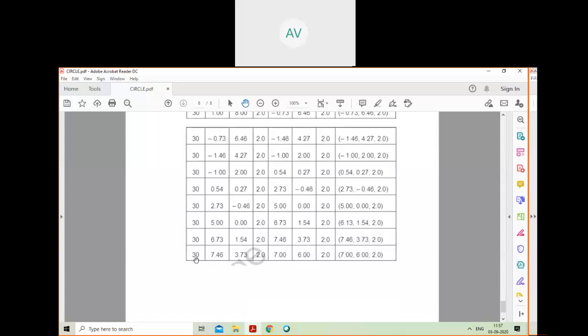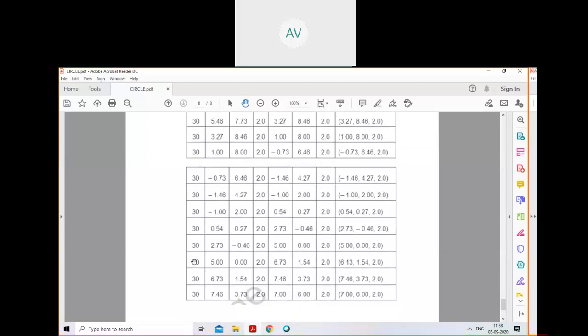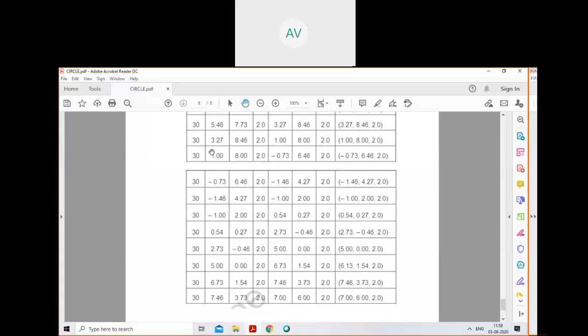See here at 360-degree: 1, 2, 3, 4, 5, 6, 7, 8, 9, 10, 11, 12. 30 into 12 is 360. So at 360-degree you see the coordinates 7, 6, 2.